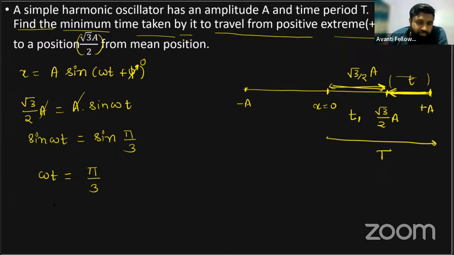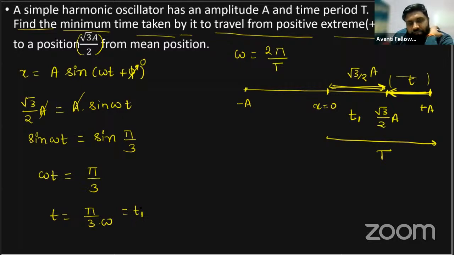So the time it will take is pi by 3 into omega. So that is the value of this T1. You can put the value of omega is equal to 2 pi by capital T. This T1 will become pi by 3 into T by 2 pi; the reverse will be multiplied. Pi and pi will get cancelled out.